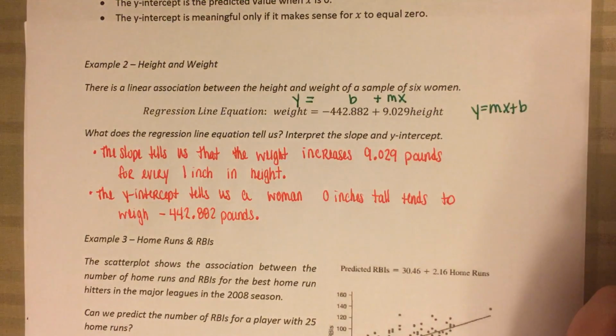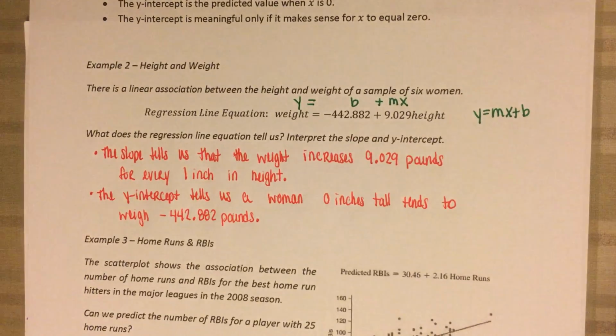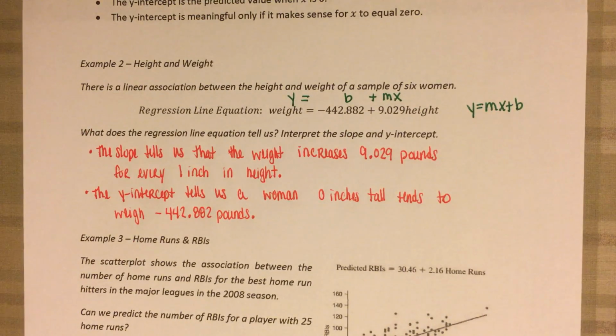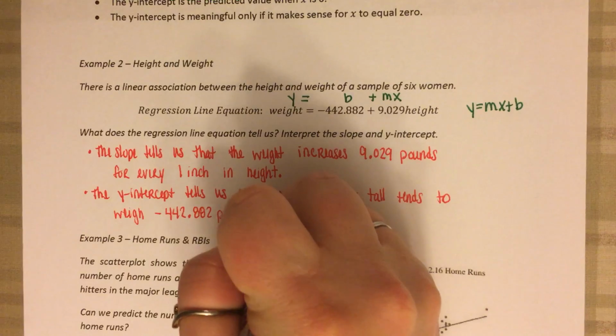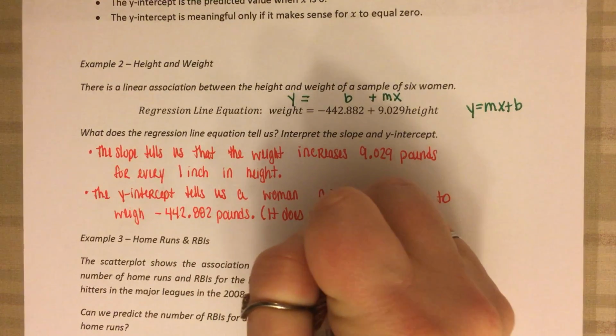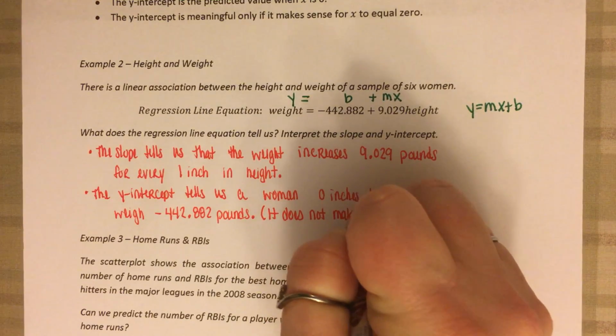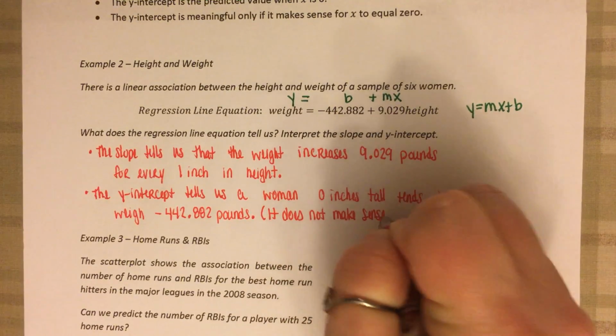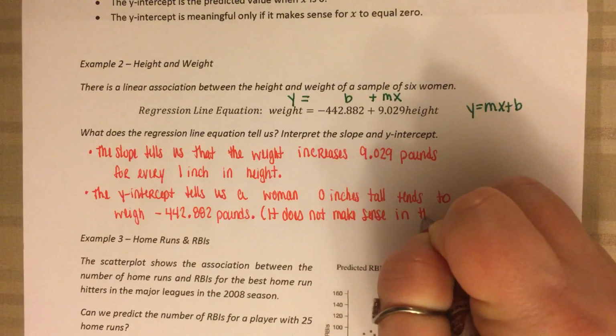In this case, it doesn't make sense to have a woman that is 0 inches tall. We can't have a negative weight. So we're going to say it does not make sense in this scenario.